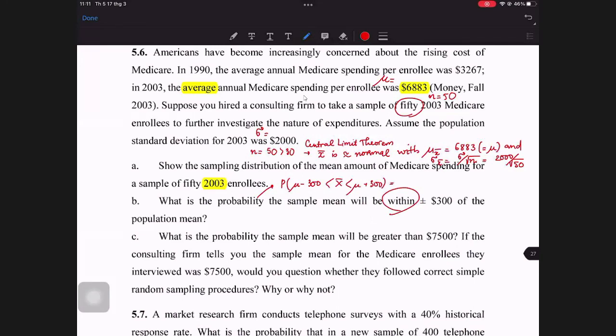So again, we have to use the formula to convert X bar into Z. So we have 300 here over 2000 over square root of 50, Z. Okay.